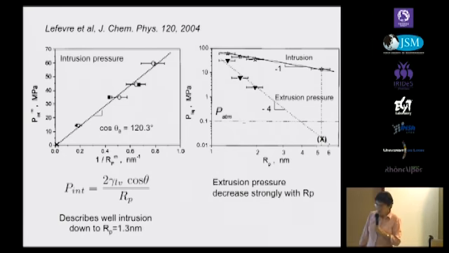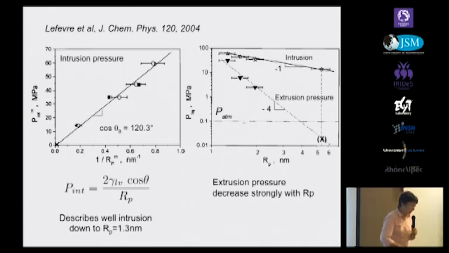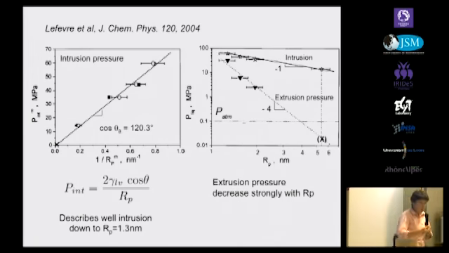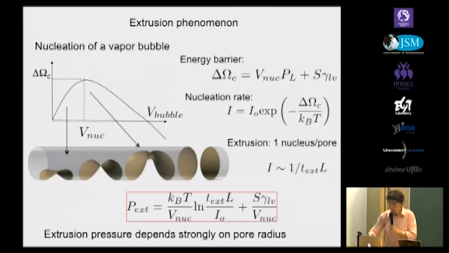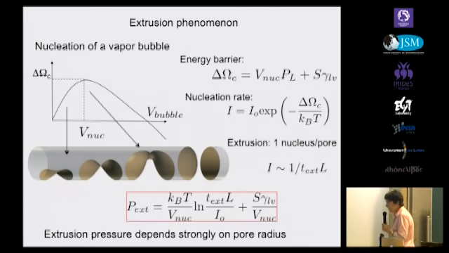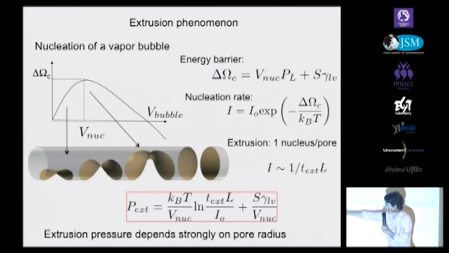So the reason why the extrusion pressure doesn't follow the same law as the intrusion pressure is because, in order for the liquid to go out of the pores, the liquid has to somehow form two disconnected menisci, which can then empty the pore.